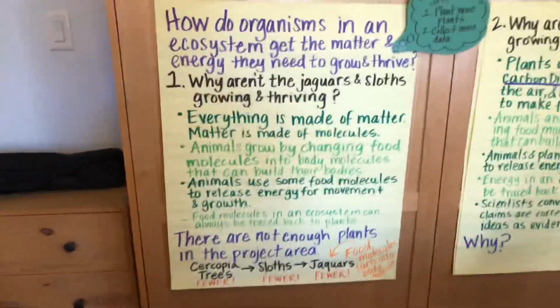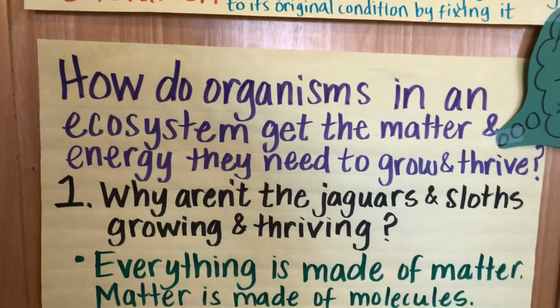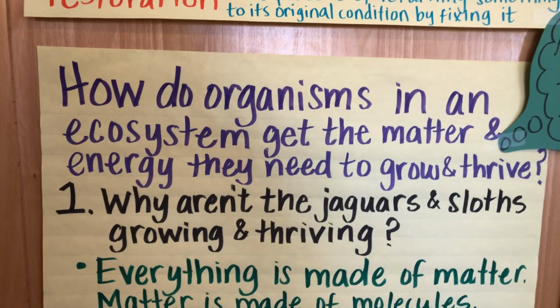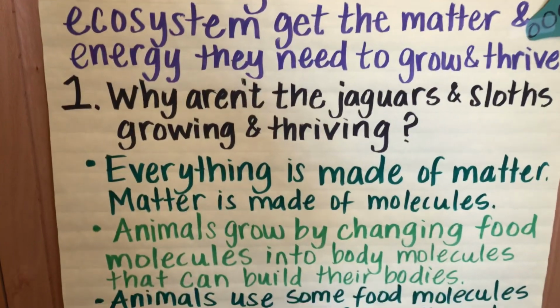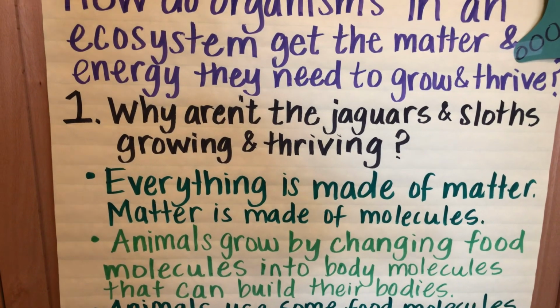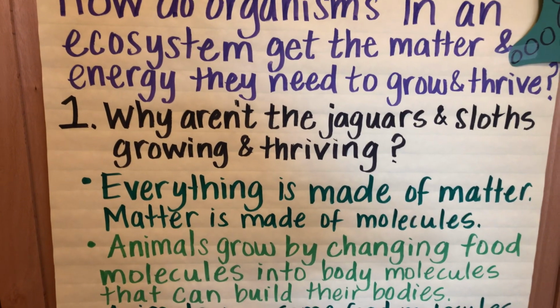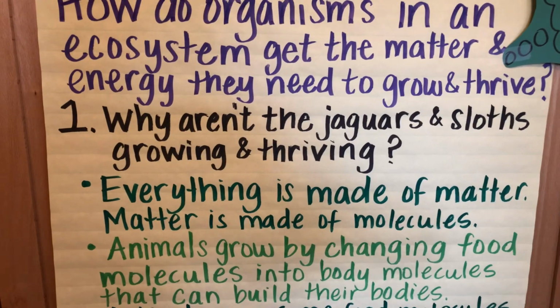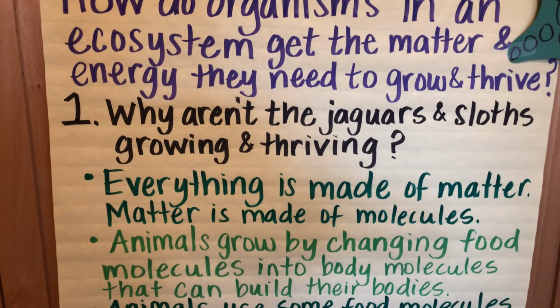In the first chapter, our whole unit's question is, how do organisms in an ecosystem get the matter and energy they need to grow and thrive? And the first chapter focused on why aren't the jaguars and sloths growing and thriving? So we saw, especially through the sim, that the jaguars and sloths were just not growing and thriving in that project area.